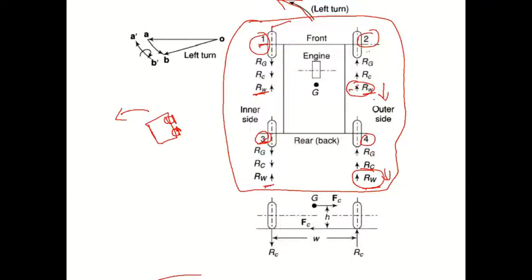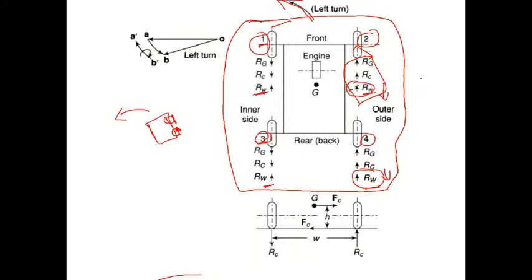So these reaction forces should be kept in the upward direction. The remaining forces will be calculated based on that particular reaction force. We have to keep the reaction forces acting on the outer wheels in the upward direction. Based on that we have to consider the design.